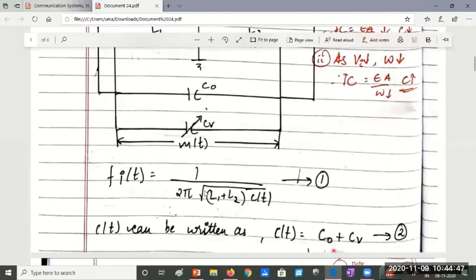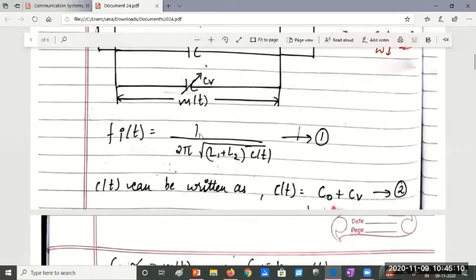In that root LC, I should take L1 plus L2 because the Hartley oscillator has two inductors. So 1 by 2 pi root of L1 plus L2 into capacitance. I am going to consider that capacitance as a function of time because I have a fixed and a variable capacitance, right?